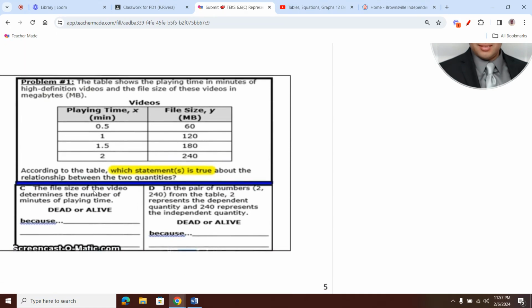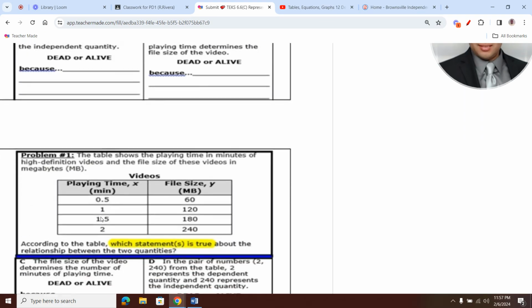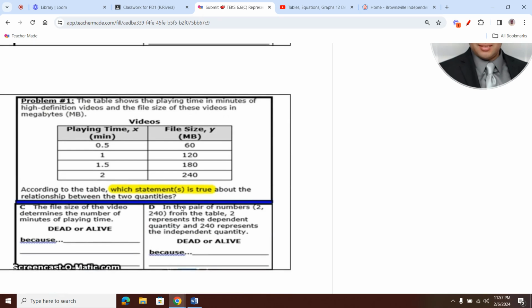It says the file of the video determines the number of minutes of playing time. You're gonna tell me if this statement is correct, yes or no, and tell me why. Just like I did over here. This one, in the pair of 2 to 240, which is this one at the end, the 2 represents the dependent and the 240 represents the independent. Tell me if that's true or false.